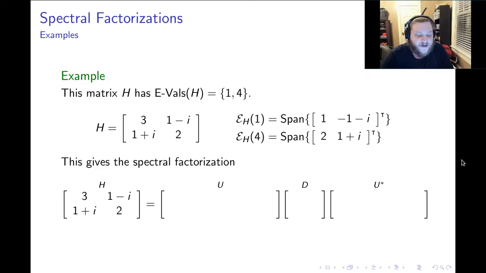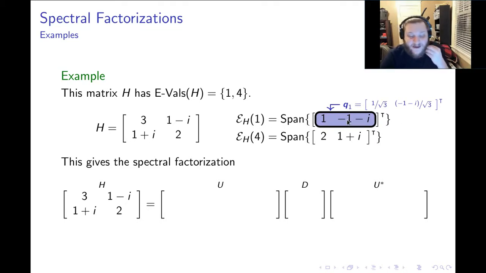To do this, I need to fill up the columns of U, fill in the diagonal of D, and then fill up the rows of U star. Where am I going to get my first column of U? Well, I apply Gram-Schmidt to my first eigenspace, but here the eigenspace is one-dimensional, so Gram-Schmidt only requires me to normalize my first vector.